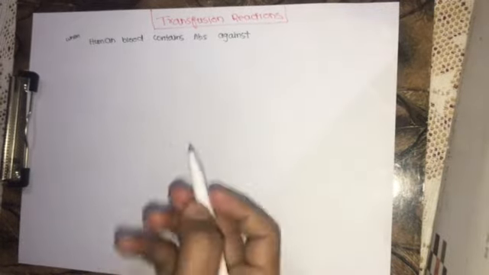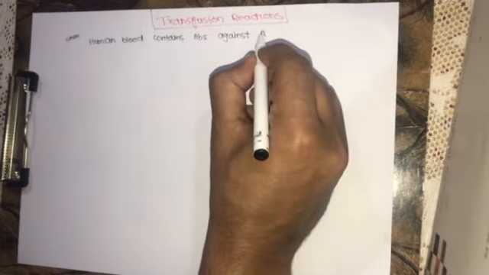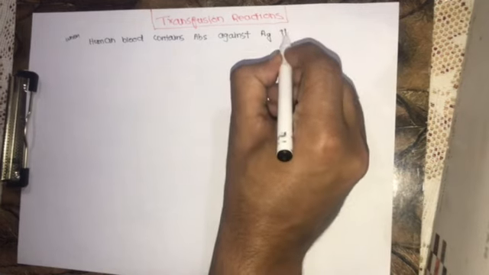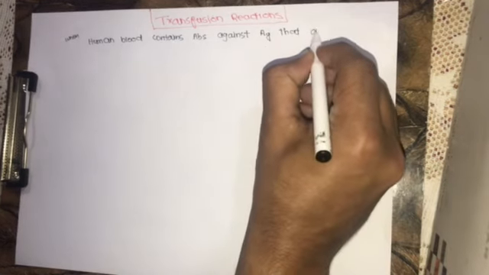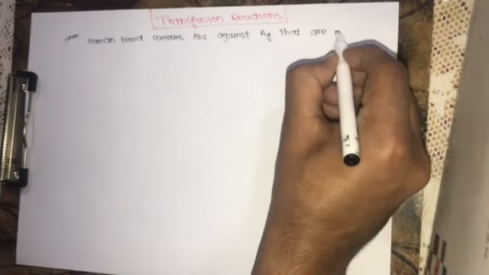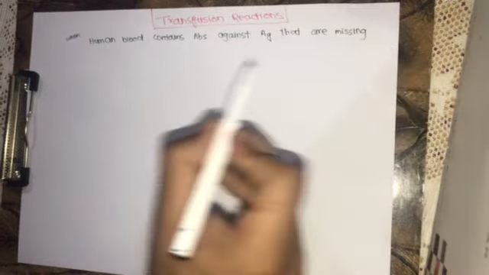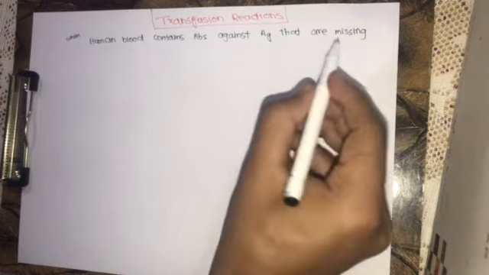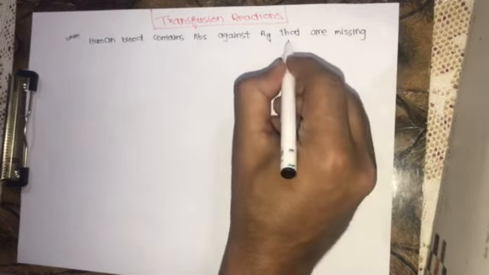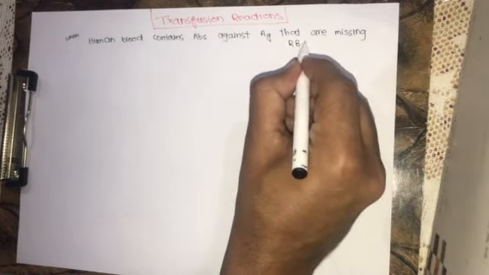Blood contains antibodies against those antigens that are missing on that specific RBC surface.